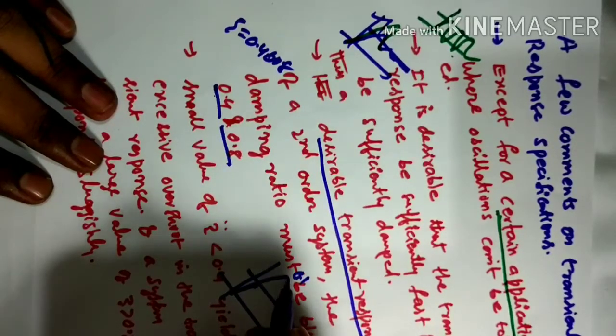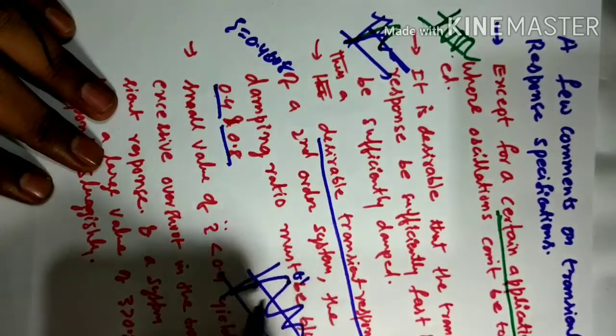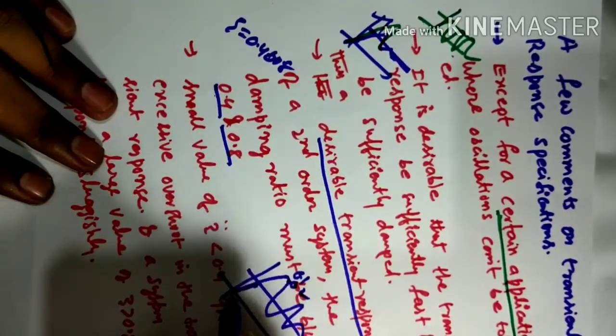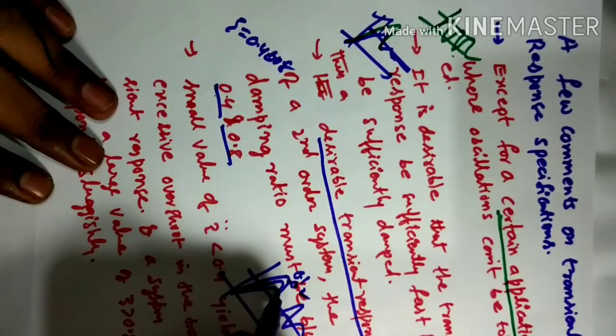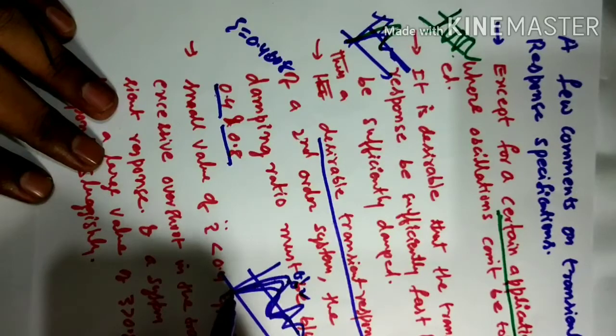0.1, there are more oscillations. If the damping ratio is 0.2, there are fewer oscillations. If it is 0.3, there are even fewer oscillations. When the damping ratio is 1, it is critically damped.